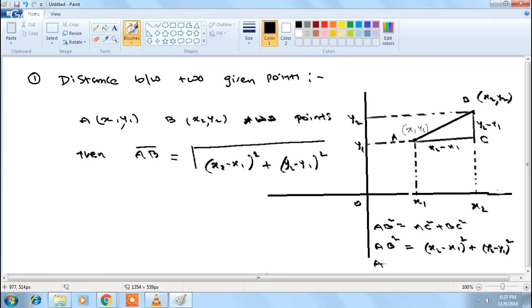So from this we can write AB is equal to root of (x2 minus x1) whole square plus (y2 minus y1) whole square. Hence this is the proof for the formula. Here AB bar means initial point is A and the terminal point is B. We always mention this with mod of AB bar, or simply write AB. AB means distance between two points.